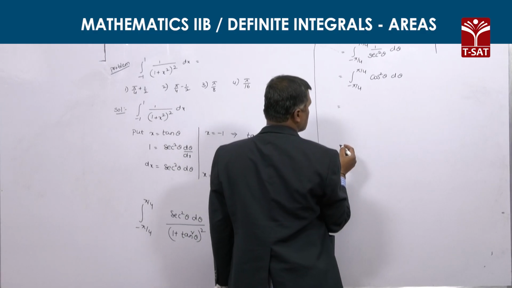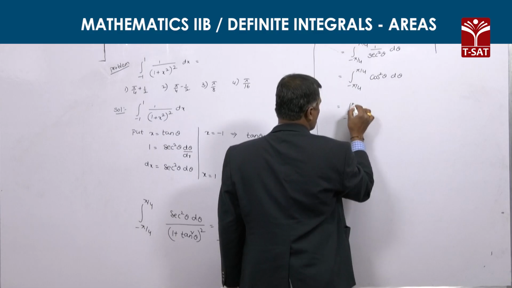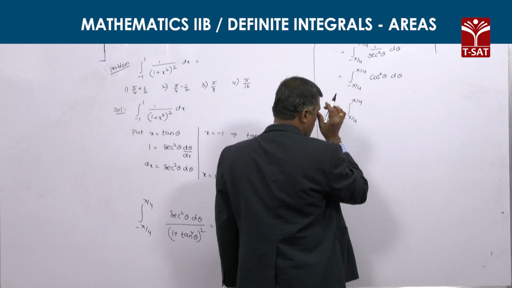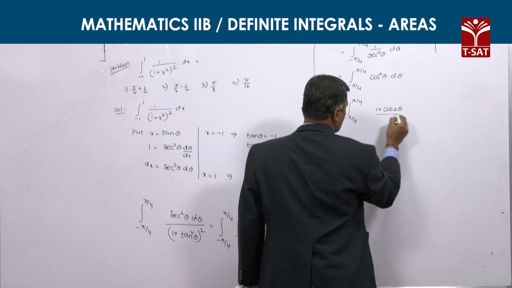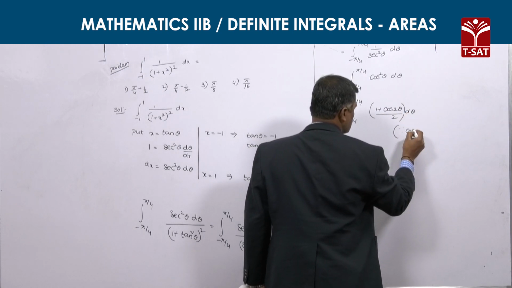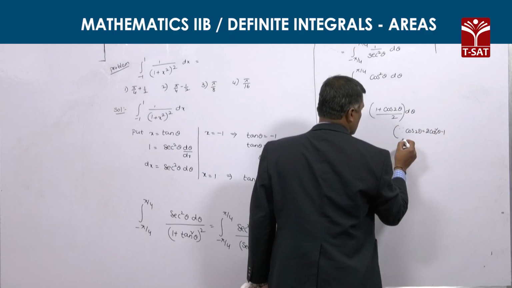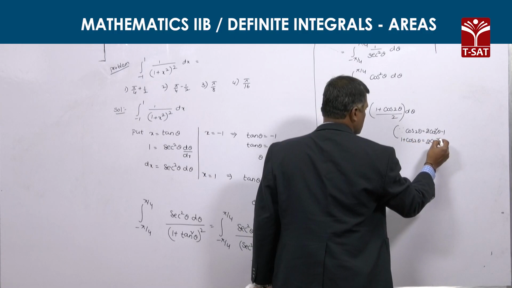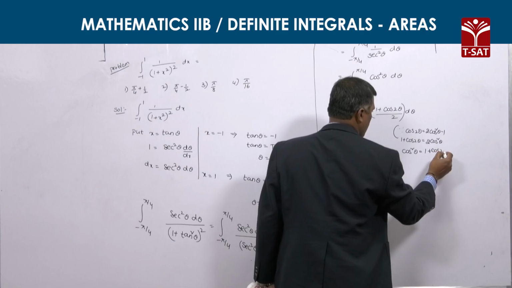Cos square theta is equal to 1 plus cos 2 theta by 2, since cos 2 theta is equal to 2 cos square theta minus 1. So 1 plus cos 2 theta is equal to 2 cos square theta. Then cos square theta is equal to 1 plus cos 2 theta by 2.